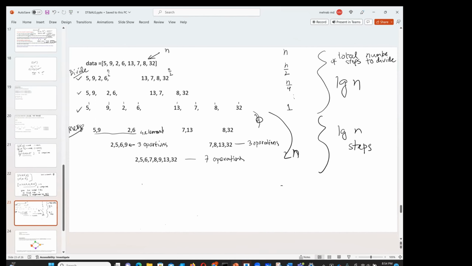But now I am doing more operations, right? In log n steps, I come back here, but every time I'm doing more operations. Suppose there are total 8 elements here, right?